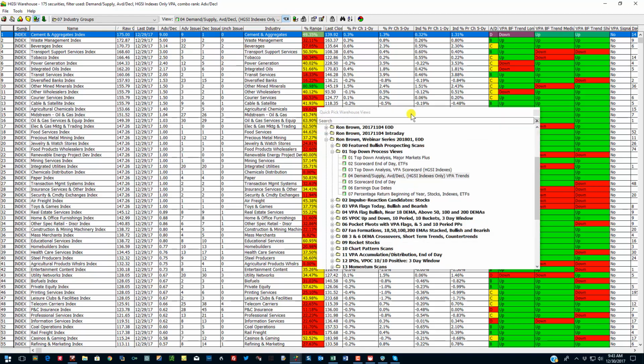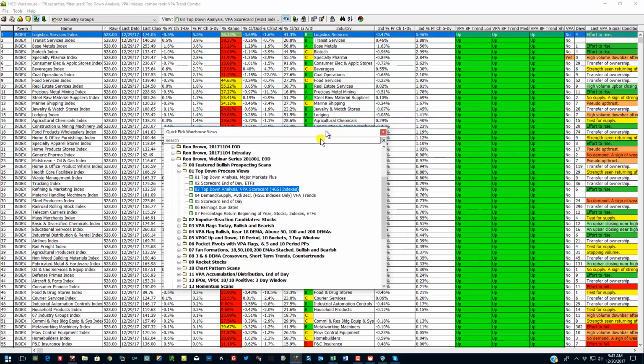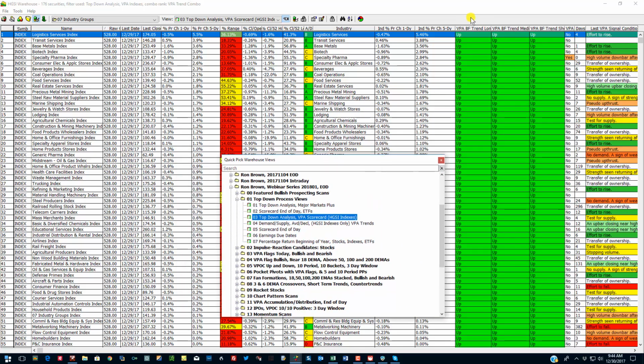Now I'm going to go back up to my number 3 view, and you can see that this brings up the groups which are all trending up. You can see long, medium, and short-term trends, but I am still sorted on the percent price change 5-day as my secondary sort.